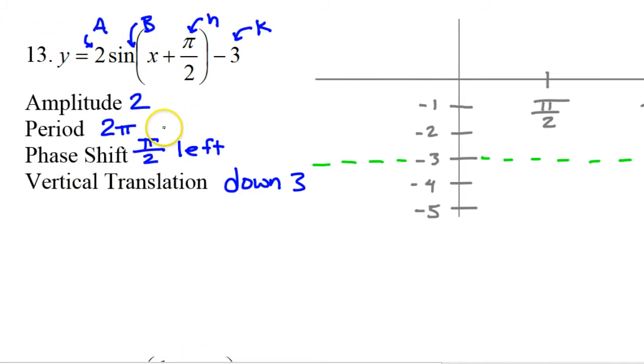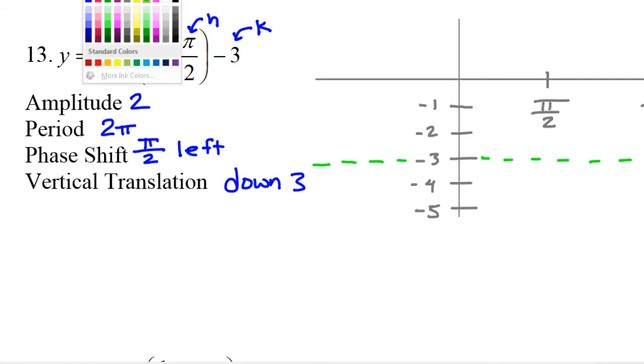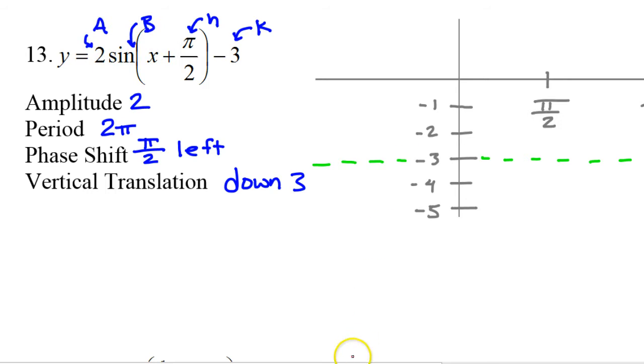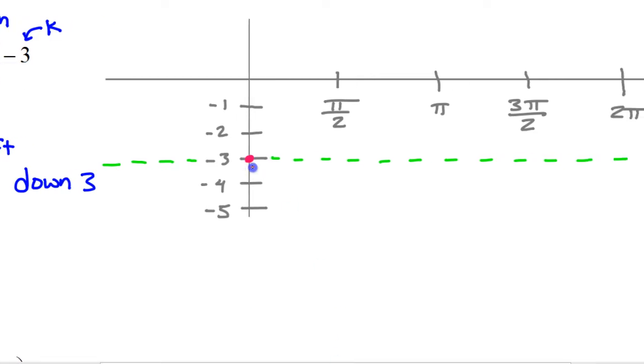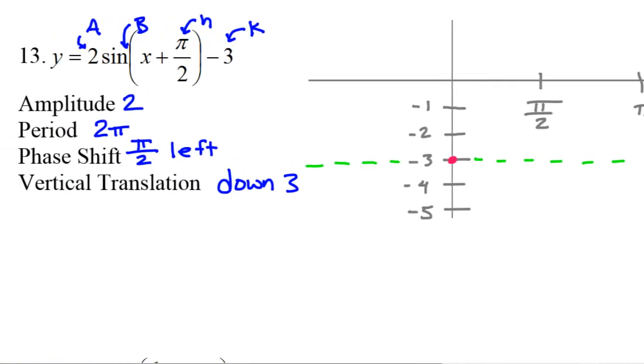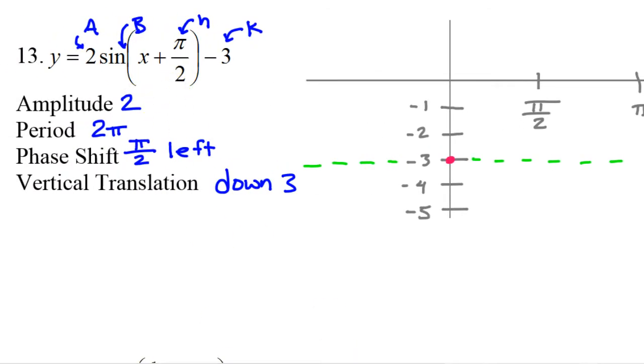The next thing I'm going to look at is what kind of function do I have. This is the sine function. We know that the sine function starts off at the midline. So I'm going to put my first dot right here, and then I know the sine function will go up to its highest point. Remember that the amplitude is 2.